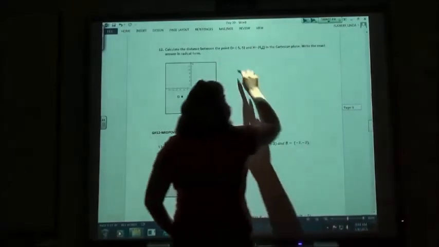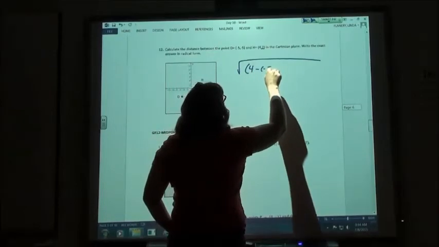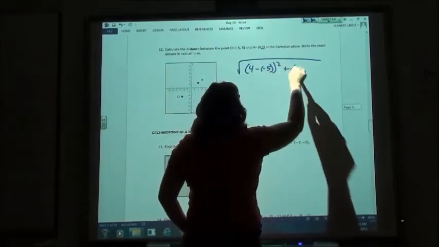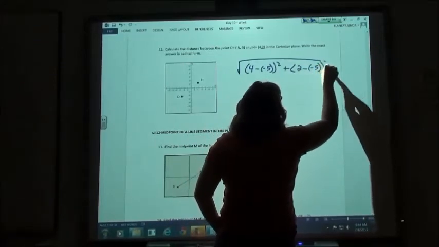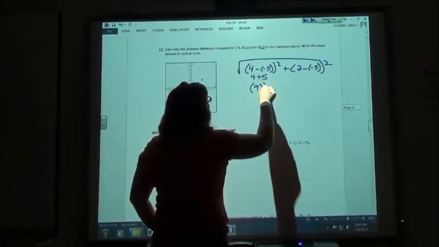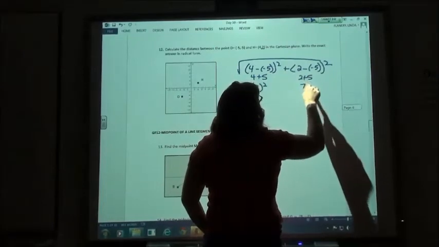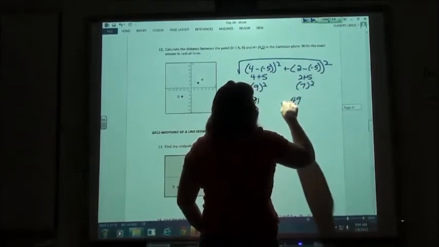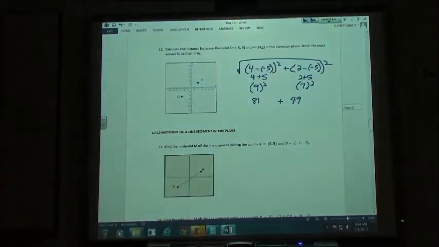Number 12 then, doing my distance, my x minus my x, so 4 minus my negative 5, and my y minus my y, so 2 minus negative 5 squared. So 4 plus 5 would give me 9. 9 squared is 81. 2 plus 5 would give me 7. 7 squared is 49. So I'm going to take 81 plus 49 is 130.